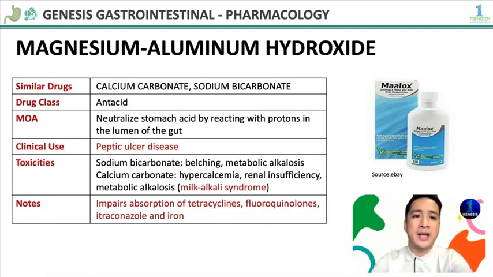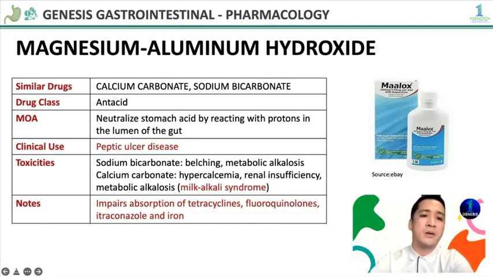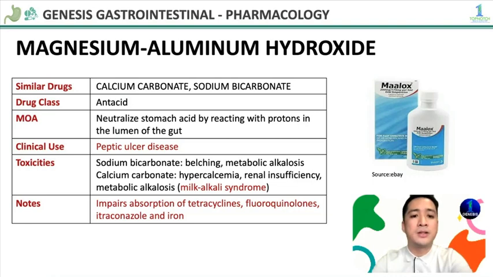So we have here your magnesium aluminum hydroxide, your Maalox, with similar drugs calcium carbonate and sodium bicarbonate. They are classified as antacids and they work by neutralizing the stomach acid by reacting with protons in the lumen area. Clinical use is peptic ulcer disease. Toxicities include, with sodium bicarbonate, belching and metabolic alkalosis, and calcium carbonate can cause hypercalcemia, of course, and renal insufficiency.